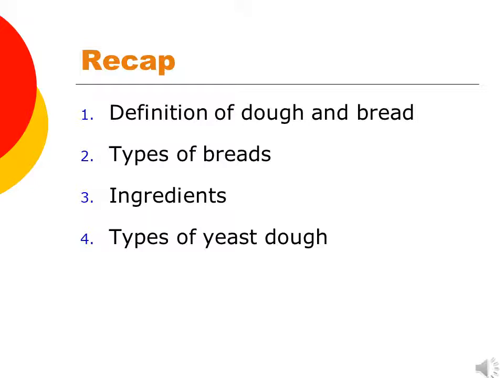The last part of that lecture was types of yeast doughs. Basically there are two types of doughs. The first one is lean dough, which is low in fat and sugar. The second one is rich dough, which has a higher proportion of fat, sugar and sometimes even eggs.